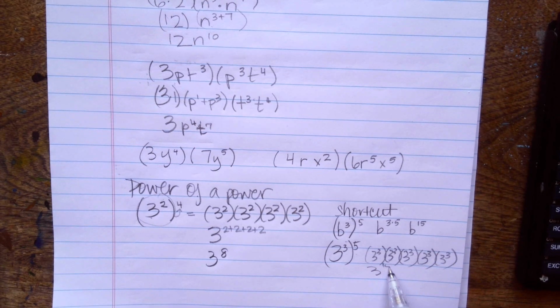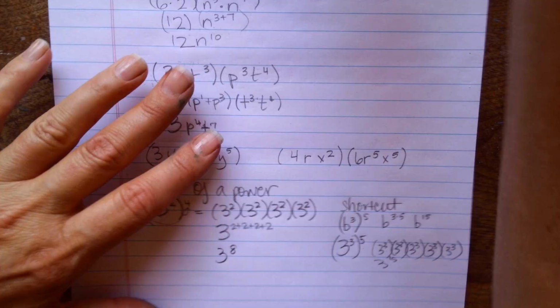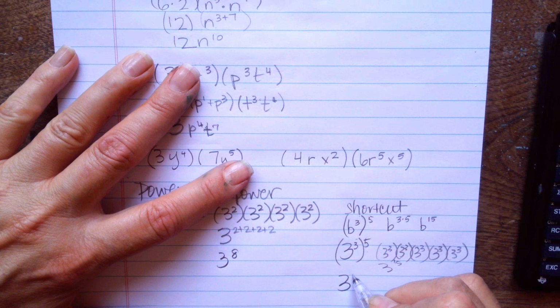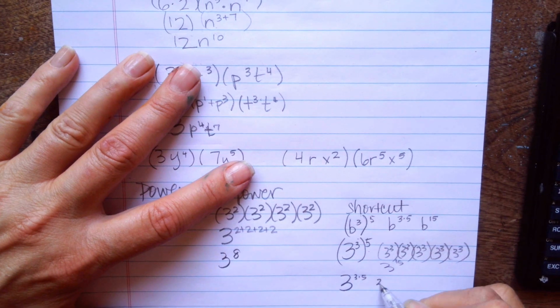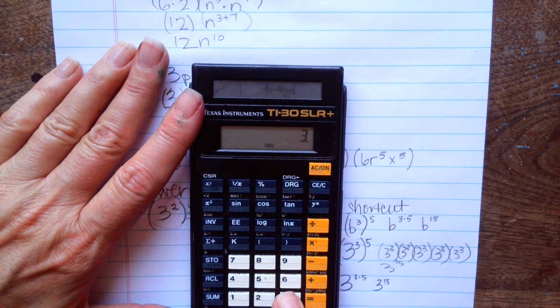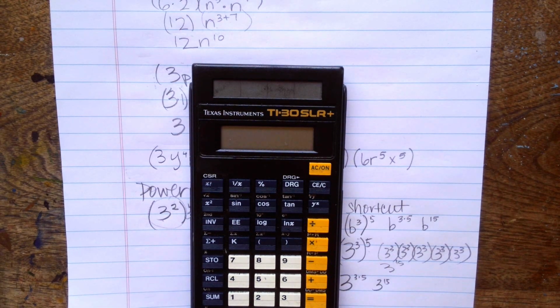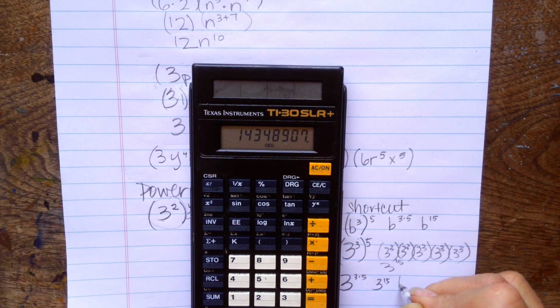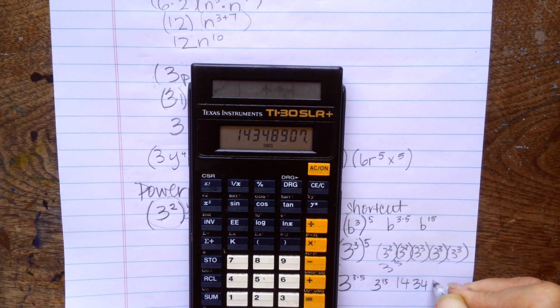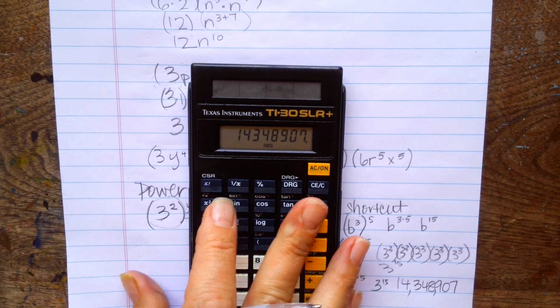And then our hack or our shortcut is 3 times 5, 3 to the 15th power. And then we would just plug into our calculator 3 to the 15th power, which is 14,348,907. Boom.